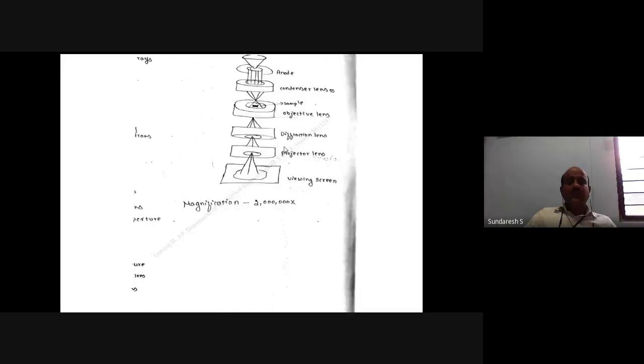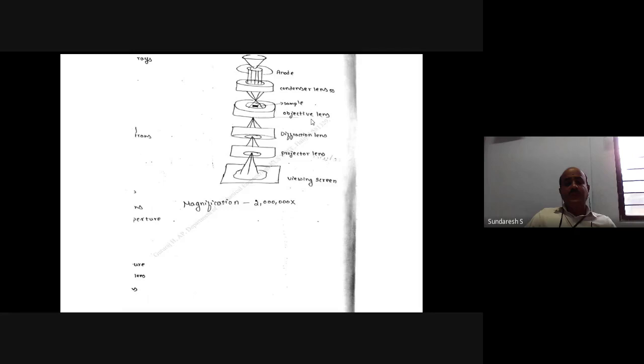Here, one thing you're supposed to understand: the working procedure will remain the same as that of the scanning electron microscope. But what we are doing is, the specimen is ultra thin, so that the high energetic electron beam can reach to the depth of the atomic structure.